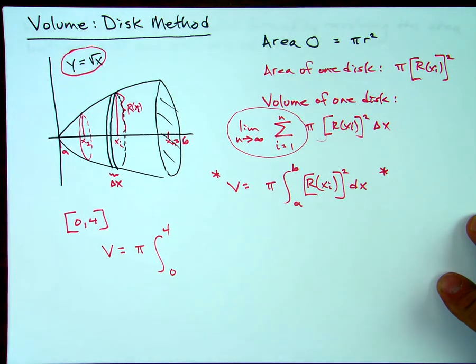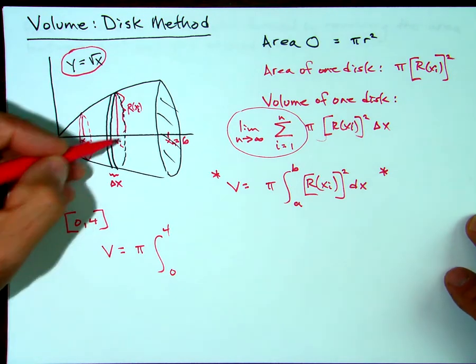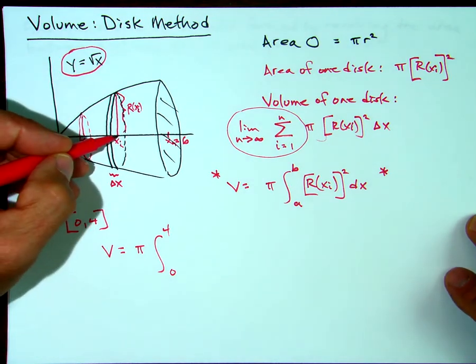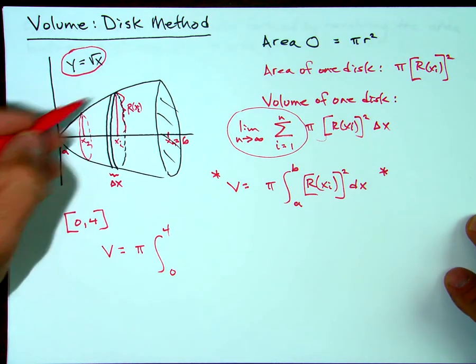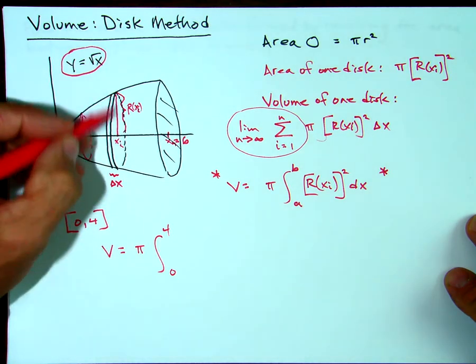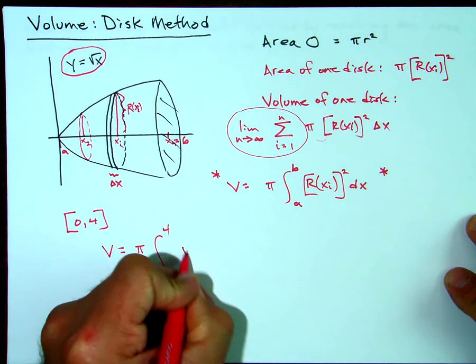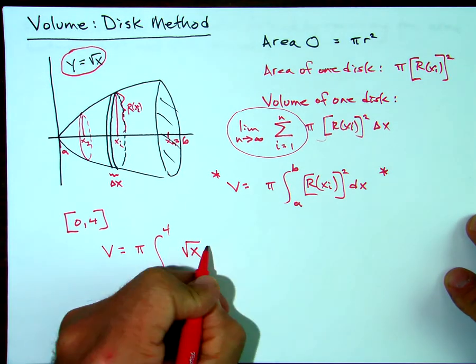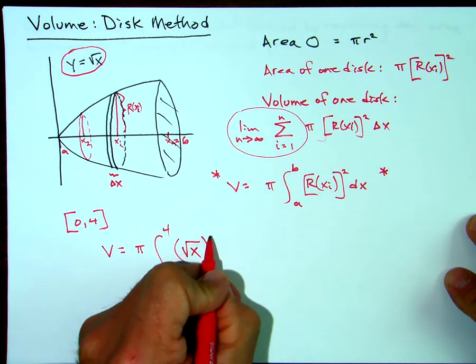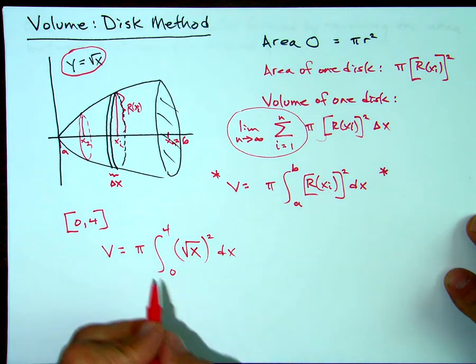Well, we already said, it's going to be the distance from the x-axis up to the curve, which is, for any value of x, we could find the y value, or the height, this radius, by taking the square root. So that's going to be the square root of x. And then we're going to square it, dx.